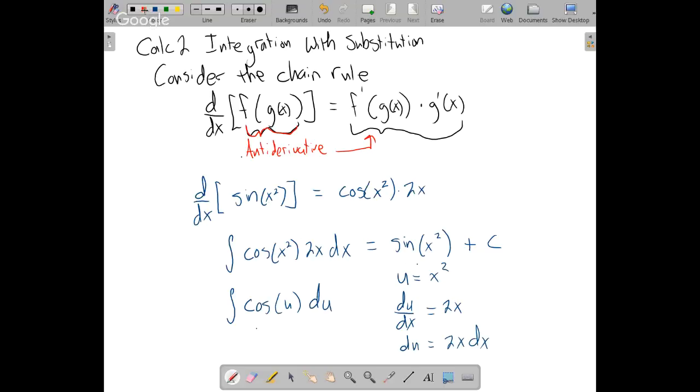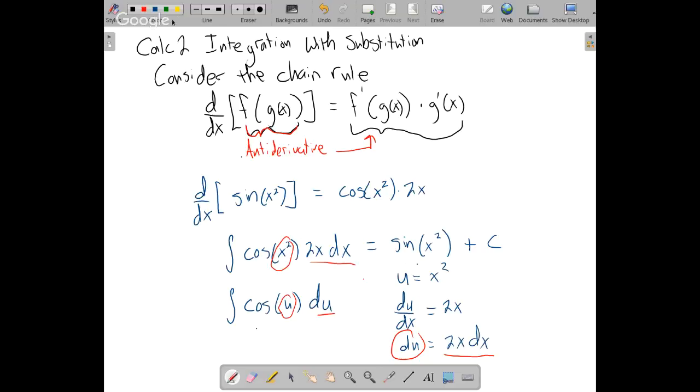So what I'm doing here is a substitution, saying, hey, instead of x squared, I'm calling it u. So then du would be 2x dx. And so here's my du, there's my 2x dx. And that's the chain rule giving the idea of integration by substitution.